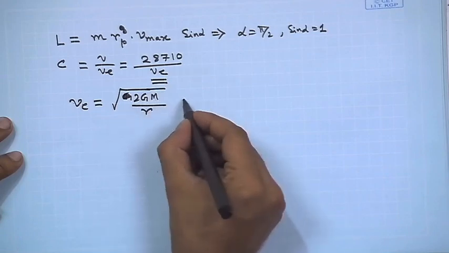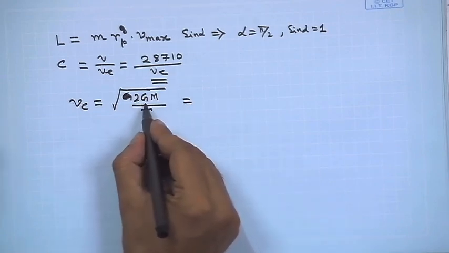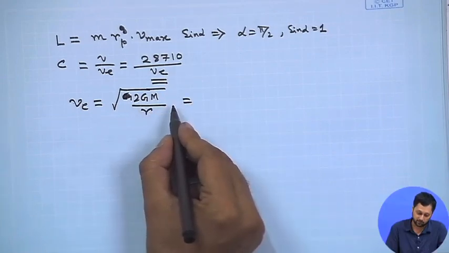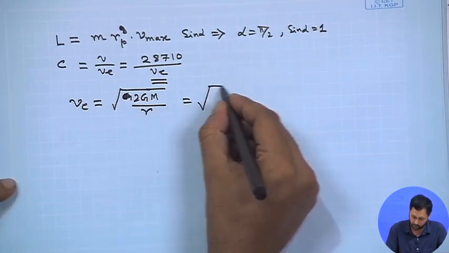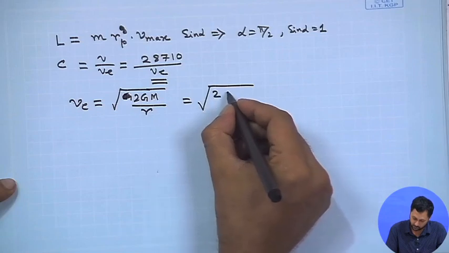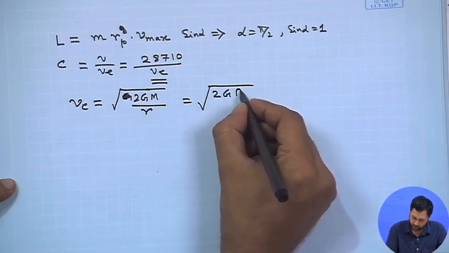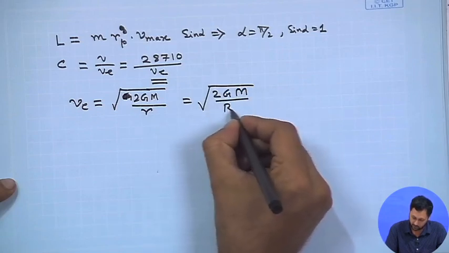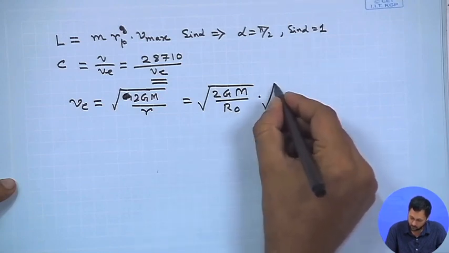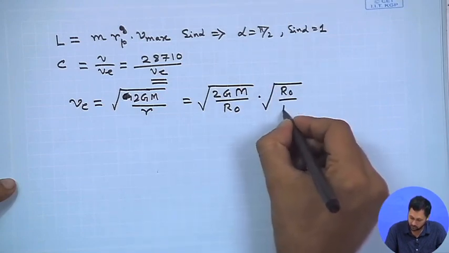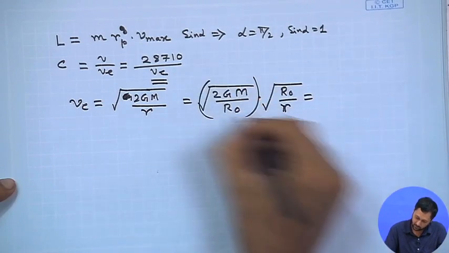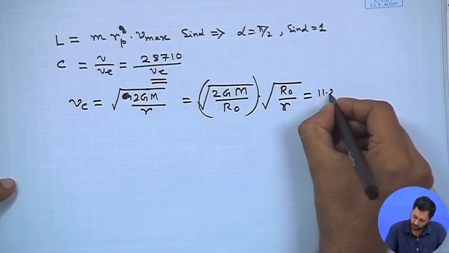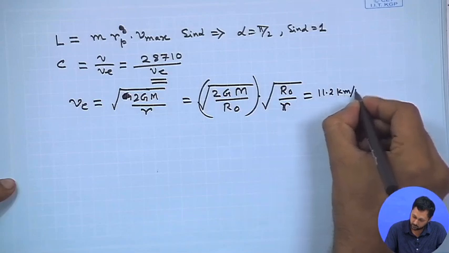Now, we can put in the values of the gravitational constant and the mass of Earth, but it is not terribly needed. It is not important to know all these values. What we can do is simply write this in the form root over r 0 by r, and we already know this is 11.2 kilometers per second.